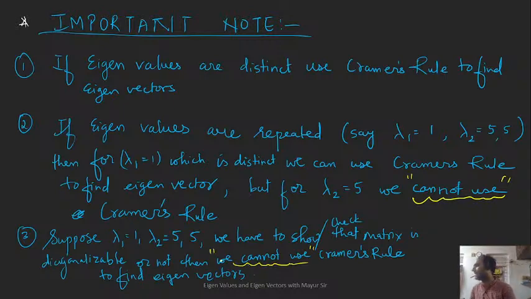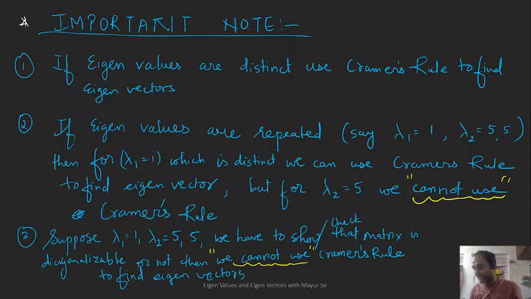Okay, so I have tried to give you the general overview of when to use Cramer's rule and when not to use Cramer's rule. When eigenvalues are distinct, free to use Cramer's rule.